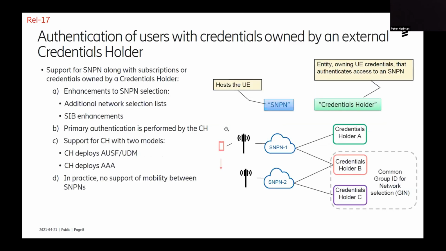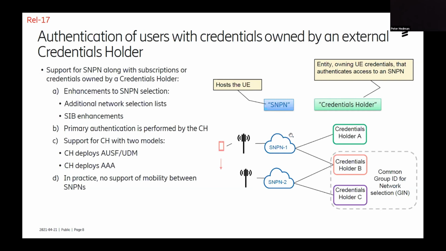One is that, now that we have this standalone non-public network, and Lola also mentioned this in the slides, there is a wish to use credentials that are not really from this non-public network but from elsewhere. This can be a PLMN operator, or it can be another non-public network. The credentials from this network can be used to actually access this network here, this SNPN 1, for instance.